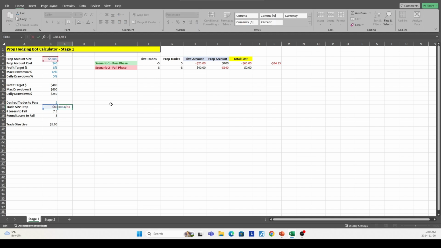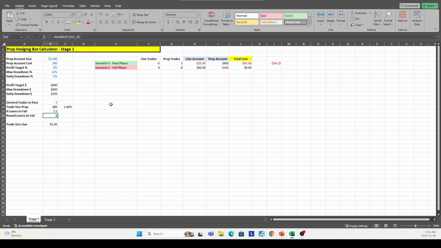If you put it as a percentage of prop firm account size, that would be around 1.6%. This also shows how many losers we would need in order to hit the max drawdown, which in this case would be 7.5, so you can round up to 8 trades.